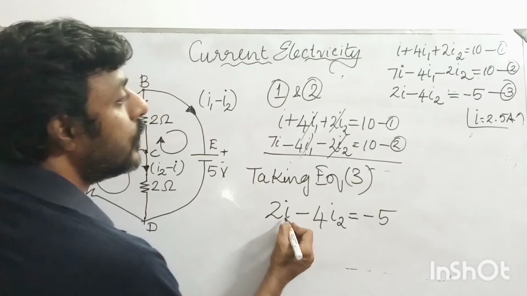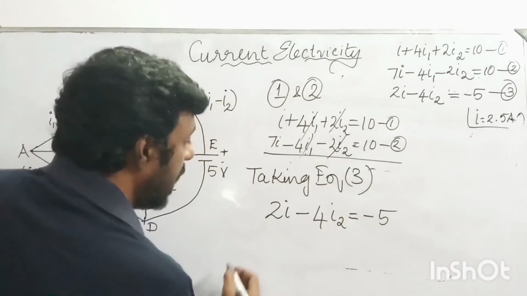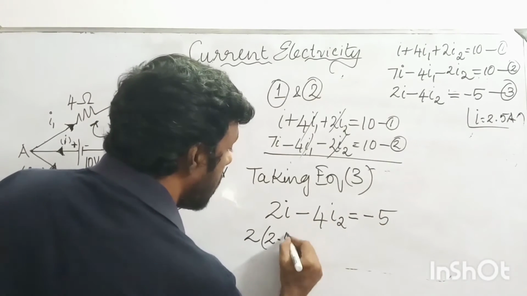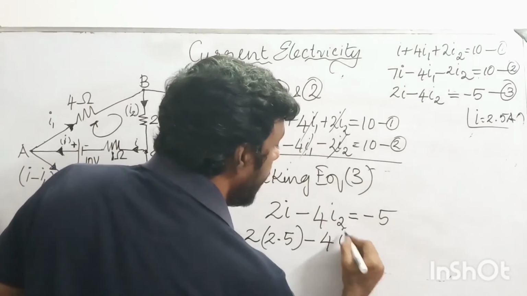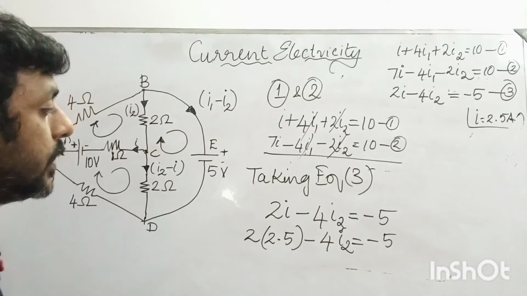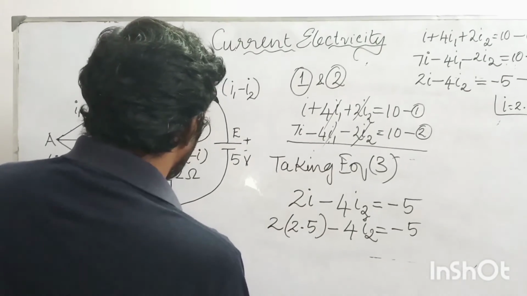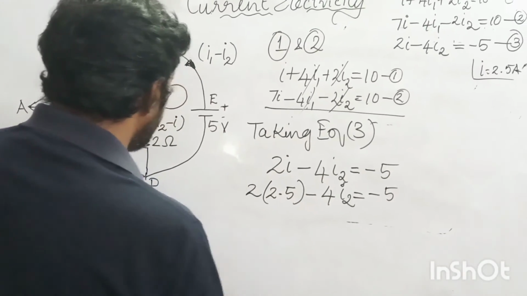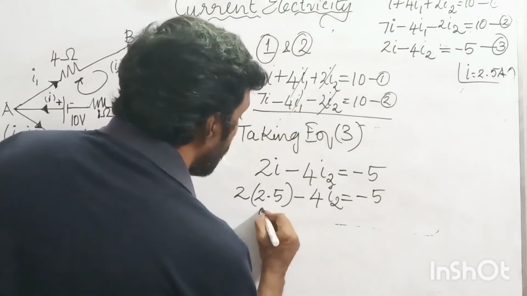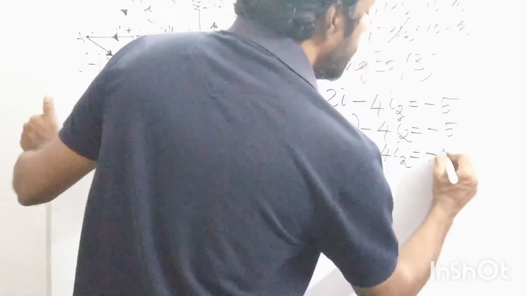We know the value of I. I is nothing but 2.5 ampere, so you need to substitute this value. So 2 into 2.5 minus 4 into I2 is equal to minus 5. 2 5s are 10, 2 2s are 4, 5. So that is nothing but 5.0. This is 5.0 minus 4I2 is equal to minus 5.